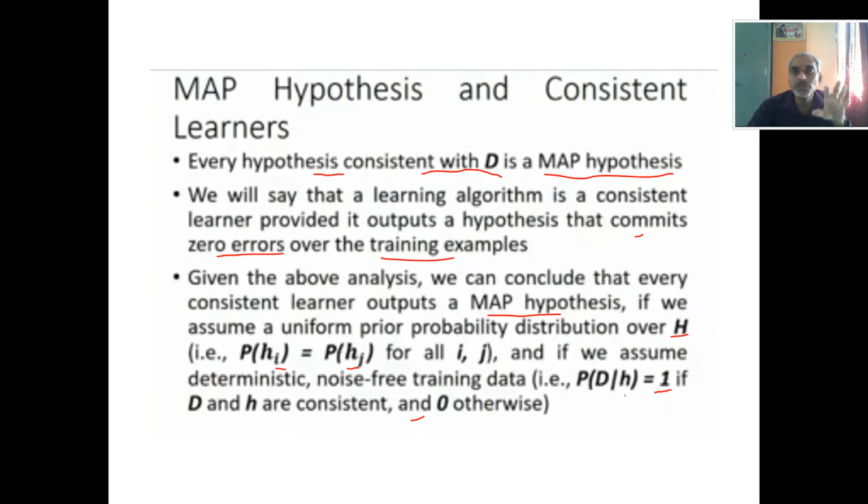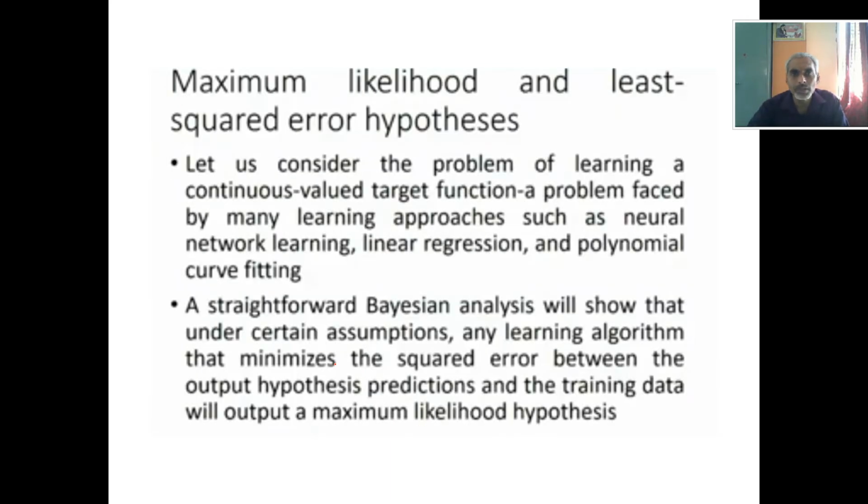So now this is what we have tried to understand with the maximum a posteriori hypothesis, and we have seen the brute force algorithm, and how, when our machine learning algorithm is a consistent learner, you are going to have a MAP or maximum likelihood hypothesis. Now we will look at the maximum likelihood and least squared error hypothesis.